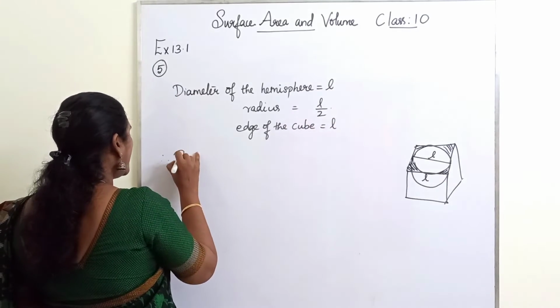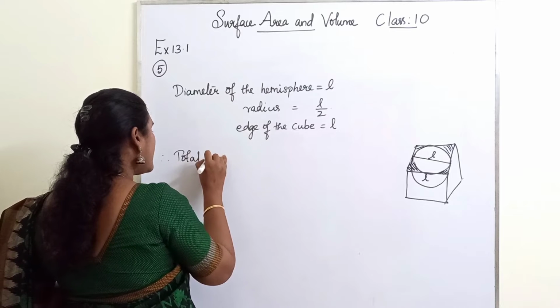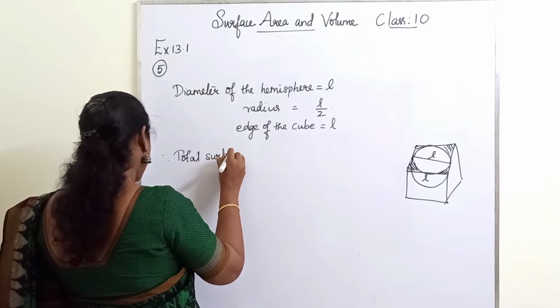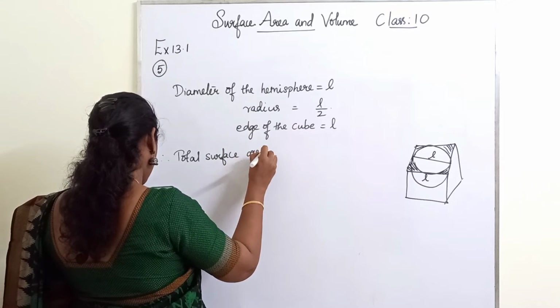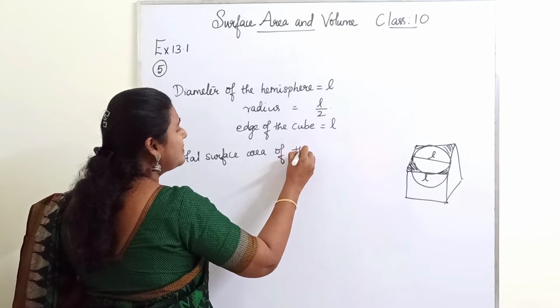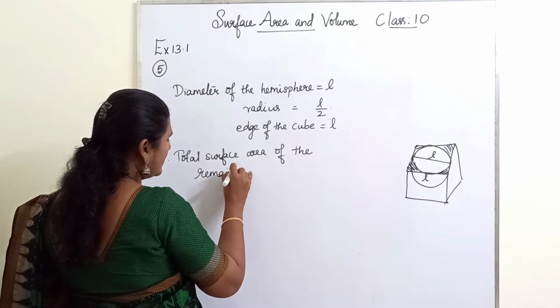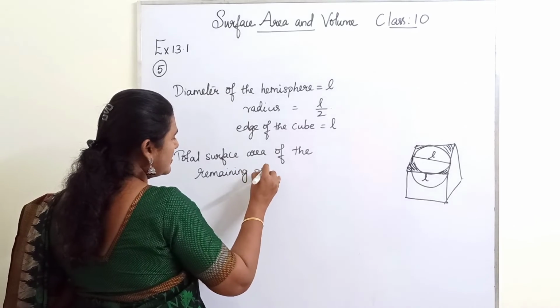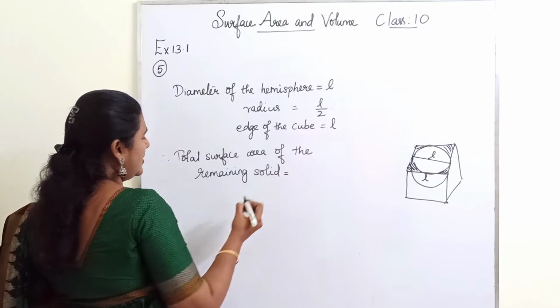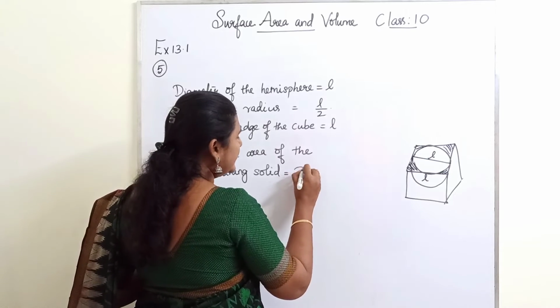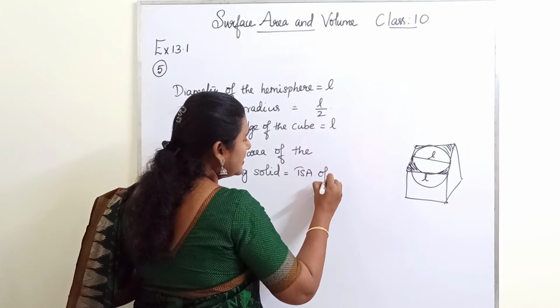Therefore, total surface area of the remaining solid is equal to TSA of cube.